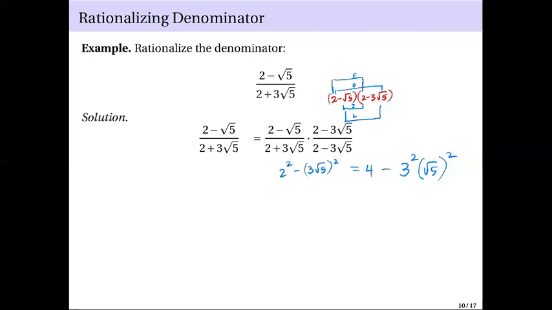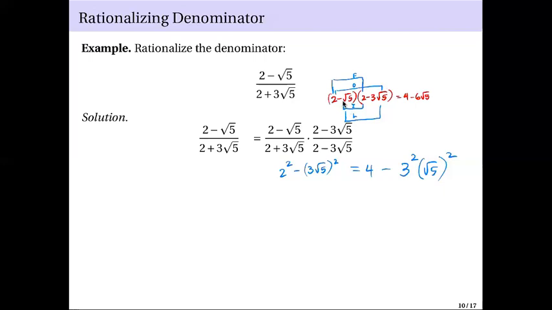Which means if we do this, we will have 2 times 2, that's 4. Then outer, that's 2 times negative 3 square root of 5. That will give you negative 6 square root of 5.